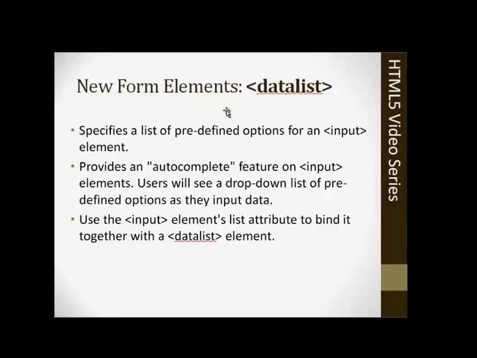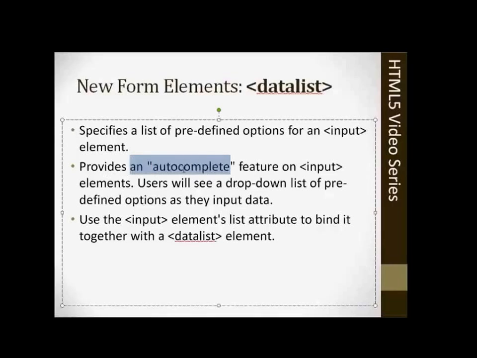This is different than a select list, where you click an arrow and a drop-down pops up and you select one. This is an actual regular text field, and as you type, it's used as an autocomplete. If you have a certain value in the list and they start typing, then it'll pop up.